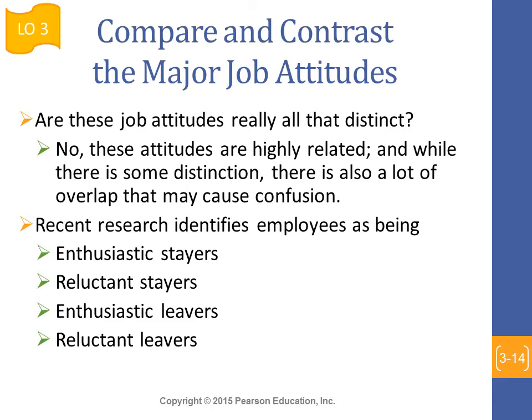So in order to have a better understanding, the recent research identifies employees as being enthusiastic stayers, reluctant stayers, enthusiastic leavers, and reluctant leavers, just to classify the different kinds of workforce into exact boxes to better understand how organizational behavior works within themselves.